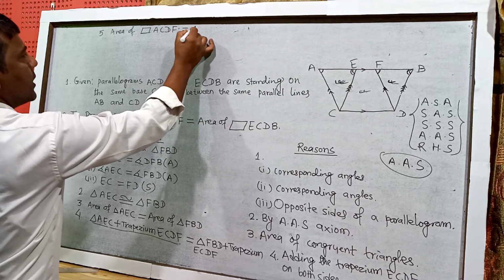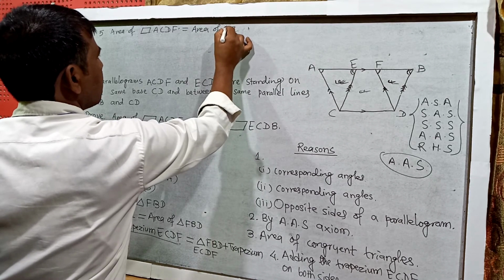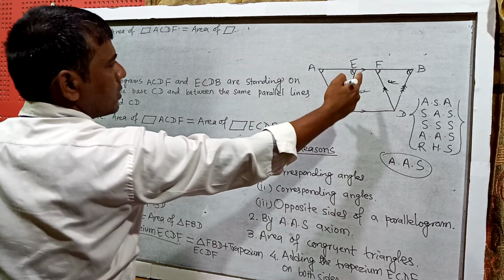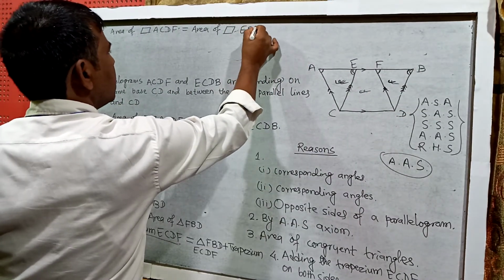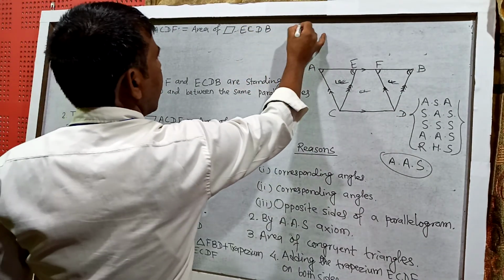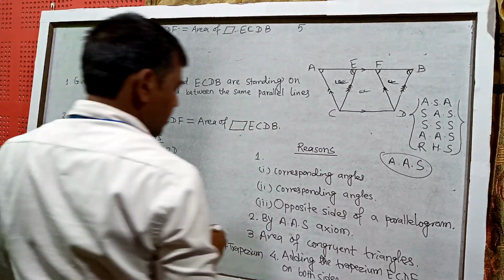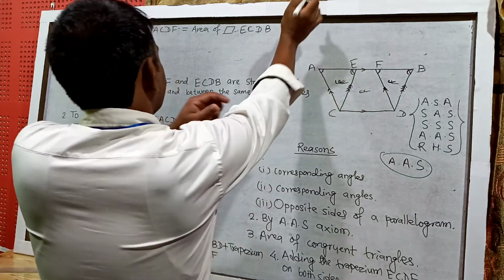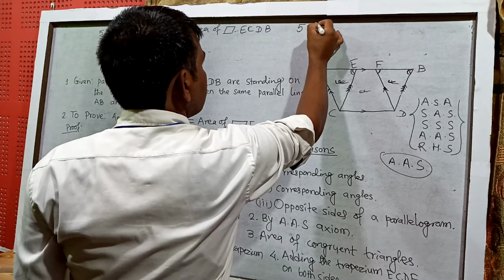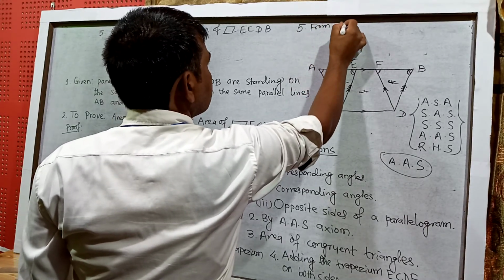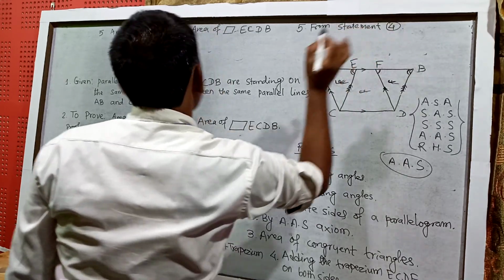equals area of parallelogram ECDB. Number five, reason: from statement four, or whole part axiom from statement four.